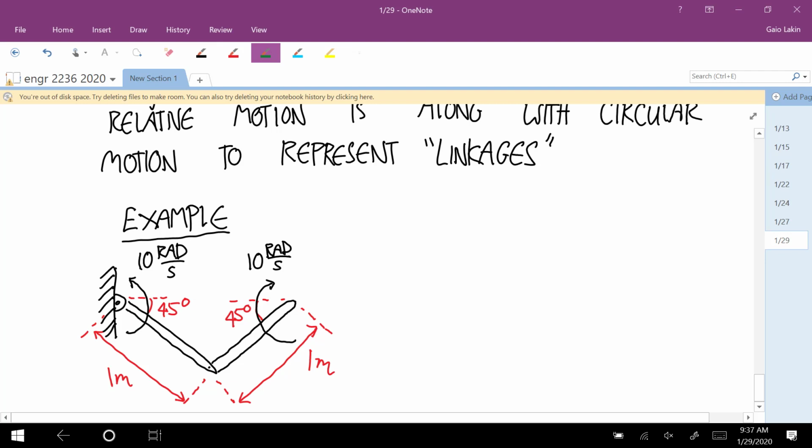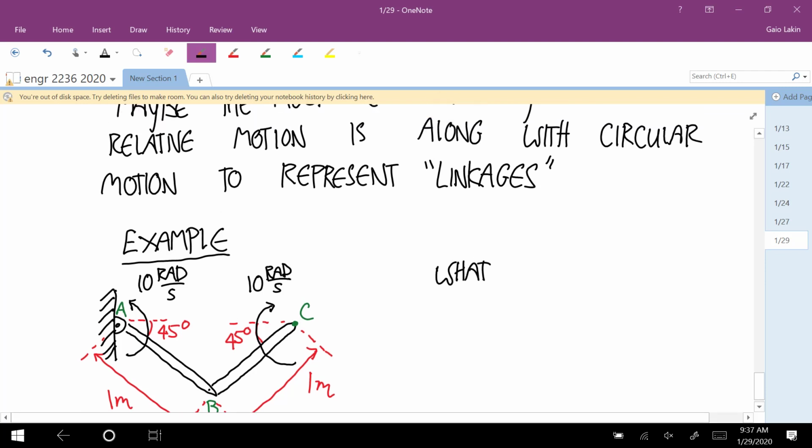And I'll call these points, the hinge is A, the connection between the two is B, the end of this is C. Let's say we want to calculate the velocity and acceleration of C.